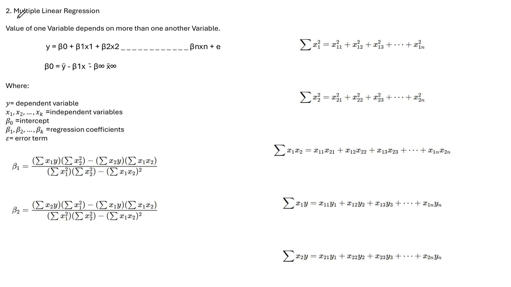The next type of regression analysis is multiple linear regression. Here one variable depends on more than one variable.